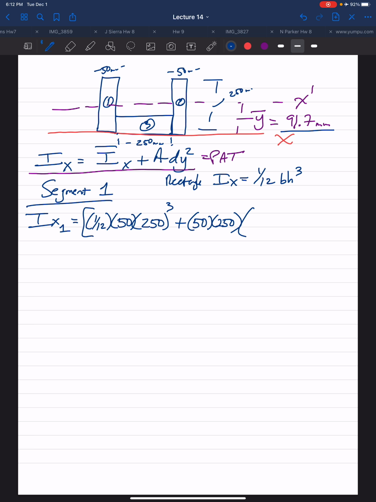So it's just the difference, or the distance between those two axes, squared. So in this case, the centroid of segment 1 is located at 125 millimeters, and the composite centroid is 91.7 millimeters from the x-axis.